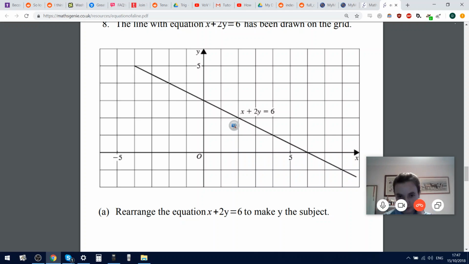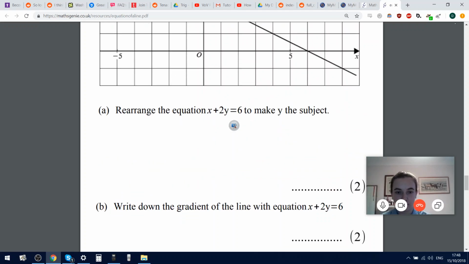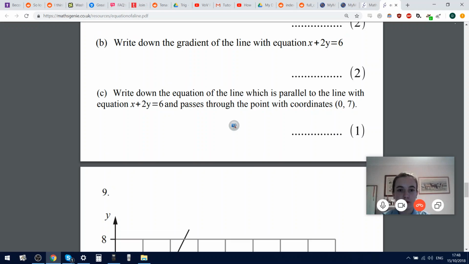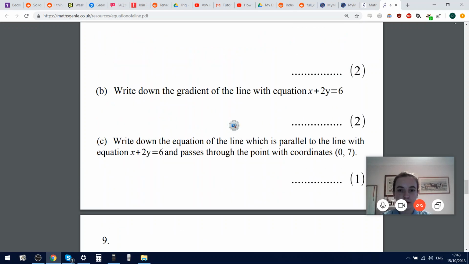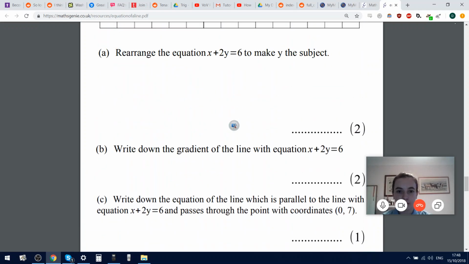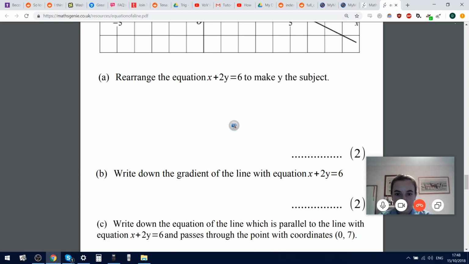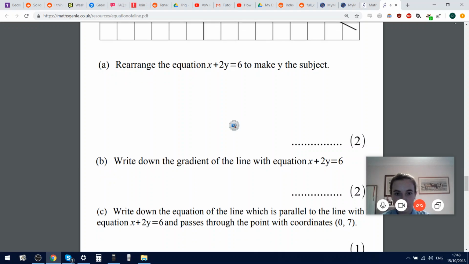So then y equals 3 minus half x. Well done. Gradient? Half. Mm-hmm.